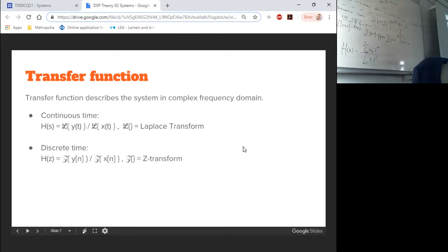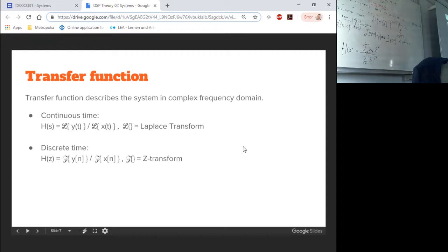Meaning system coefficients or filter parameters are also describing the system in spectrum space.